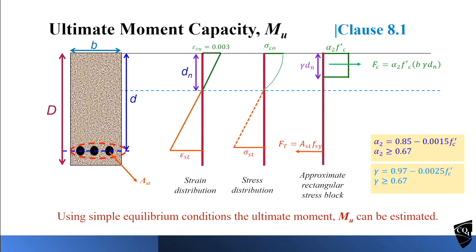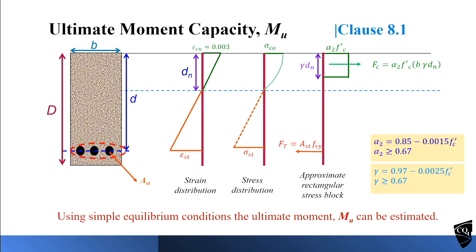When you apply the moment, the bottom part will be under tension and the top part will be under compression. So there will be a strain distribution, shown in the first diagram. According to strength of materials theory, the strain distribution is a straight line, so we have two triangles.